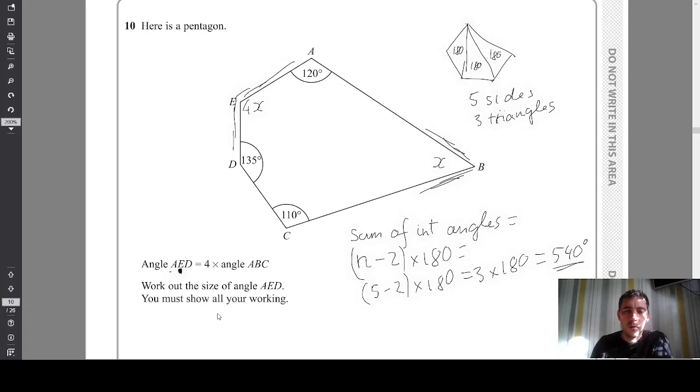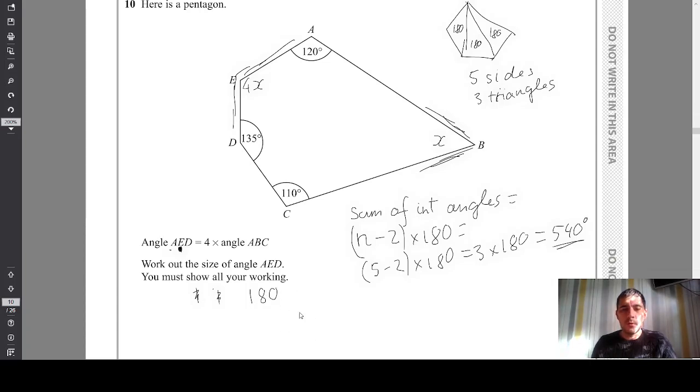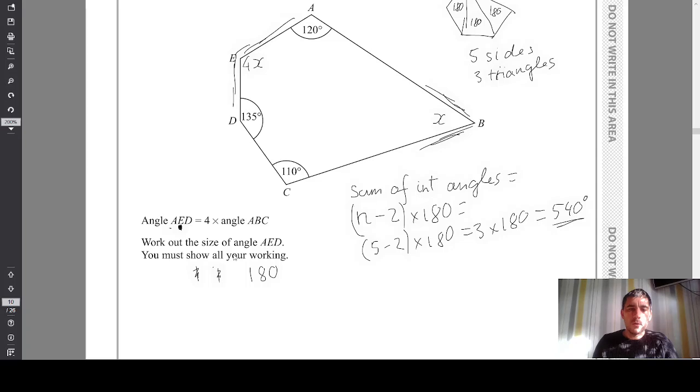So 180, add up... where did I get 180 from? Oh, my bad, I meant 120.